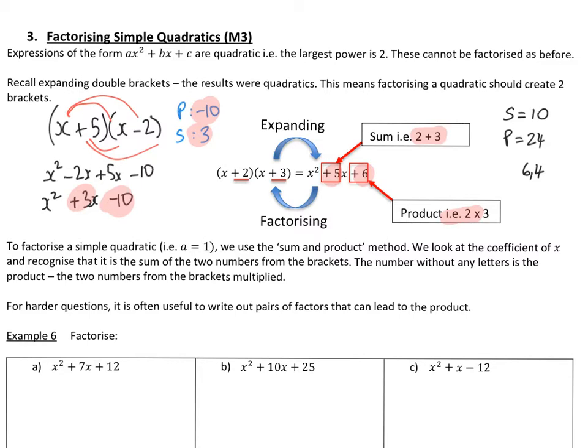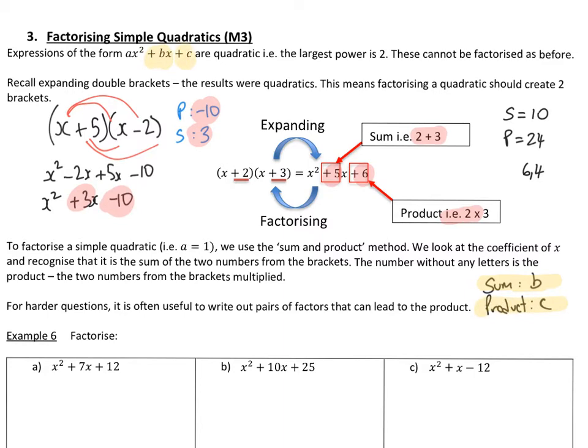So once we have that, those would actually be the two numbers in our brackets. So with simple factorising of quadratics of this form, the sum is the b, and the product is the number term at the end, which is our c. That's relating back to the general format, where the sum is b, the bx, and the product is c, the number at the end.